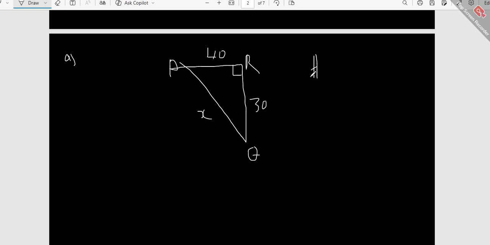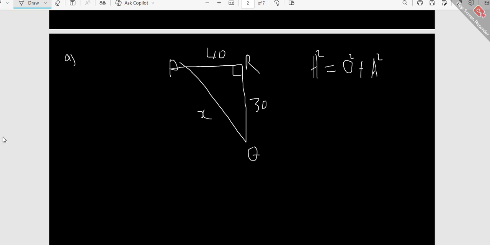And you know that there is a theorem called Pythagoras theorem. Pythagoras theorem states that in a right angle triangle as this, the square of the hypotenuse is equal to the sum of the squares of the opposite side and the adjacent side.